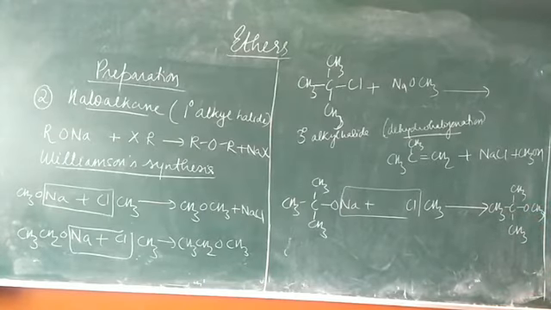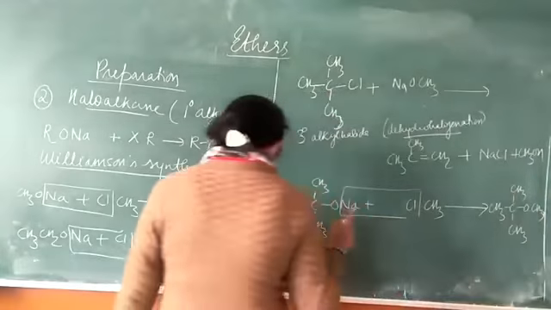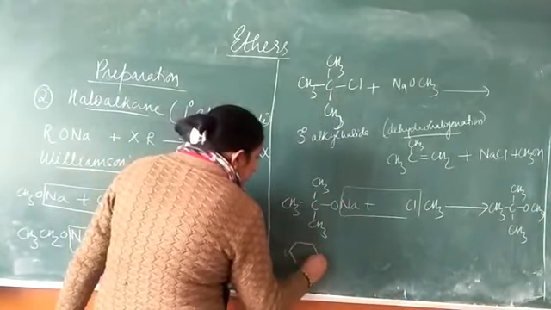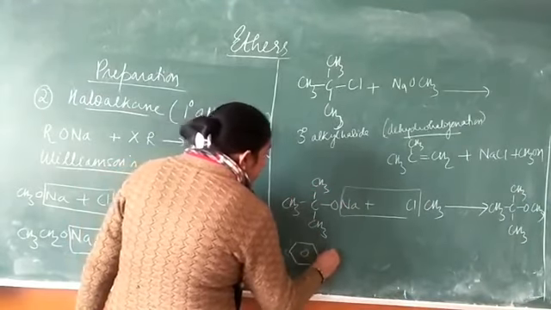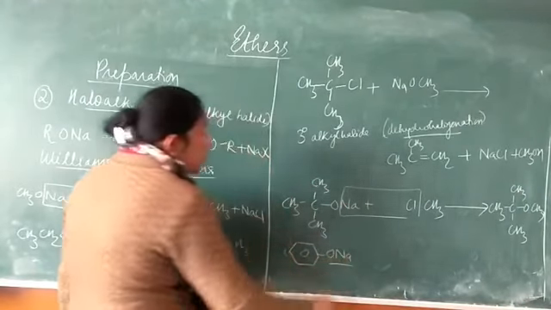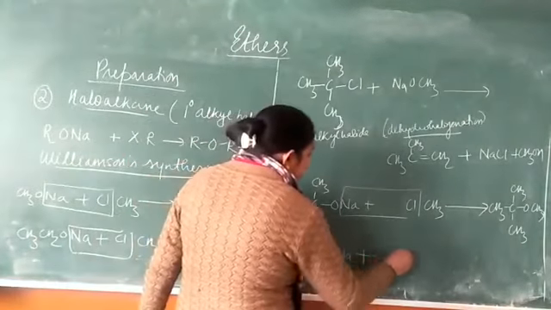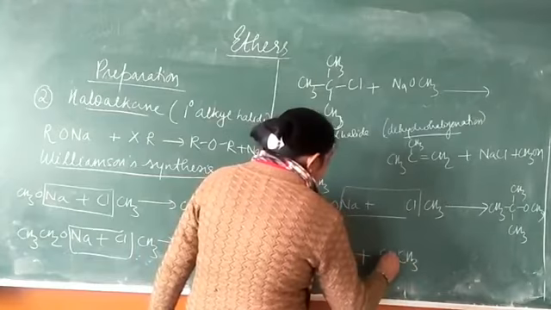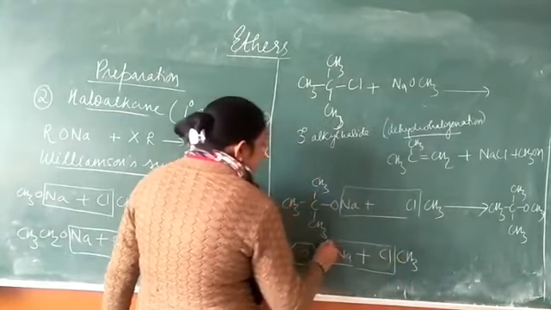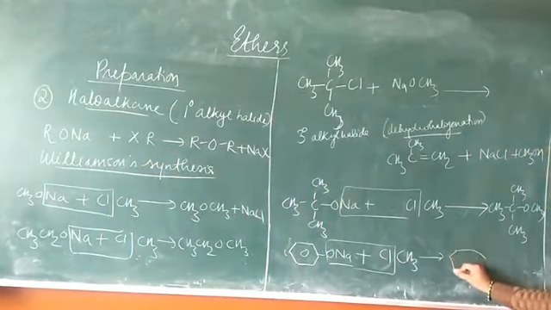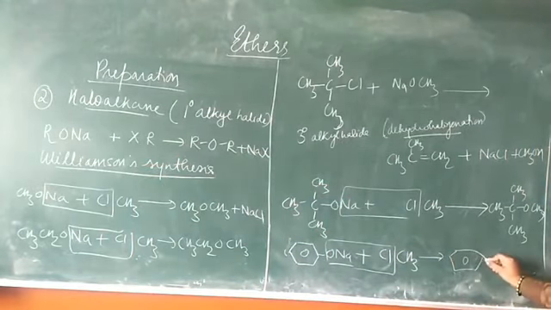So you have to keep this in mind. Similarly, if a benzene ring is there, it should be present with the alkoxide, that is, it should be phenoxide, and this is CH3Cl. That time the reaction will lead to the formation of the aryl ether, that is O and CH3.